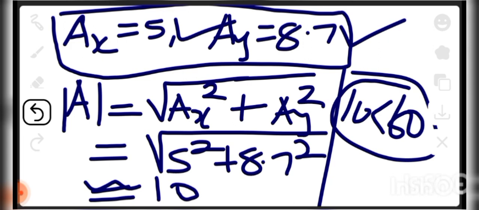Now let's look at another question. The components of vector B are given as follows. Bx is equal to 3.5, this is how we give vectors in their component form.